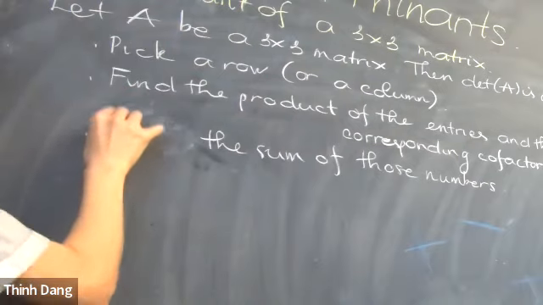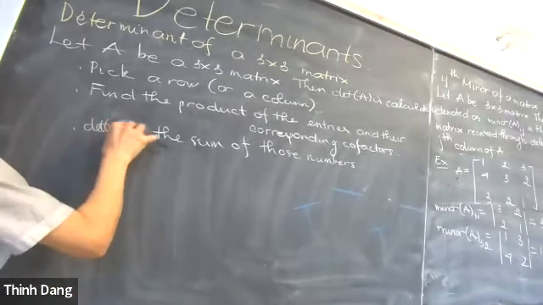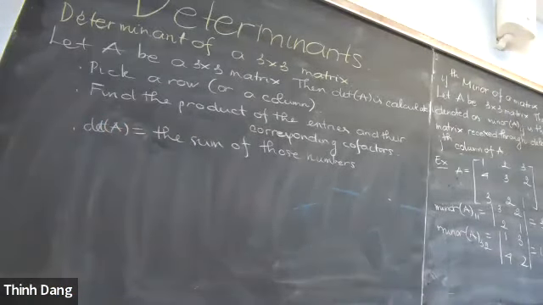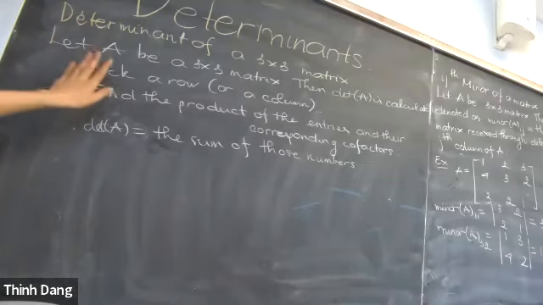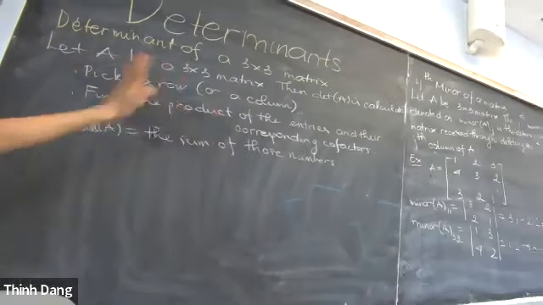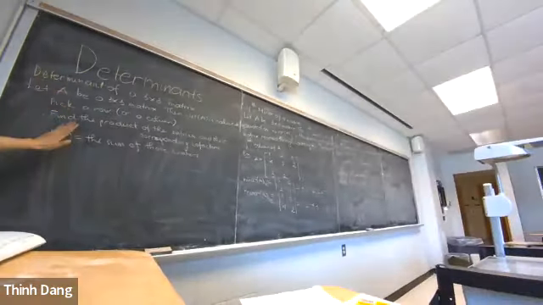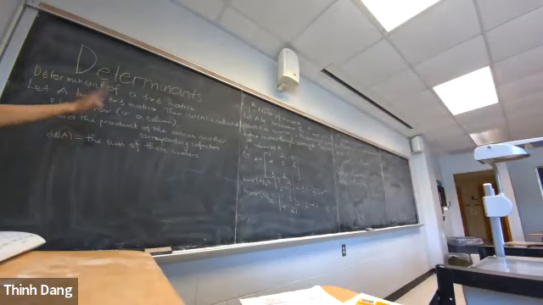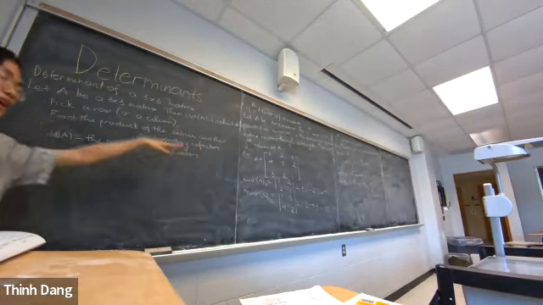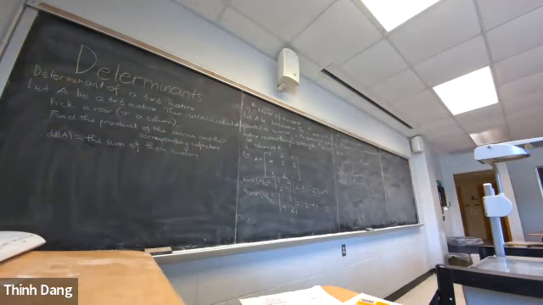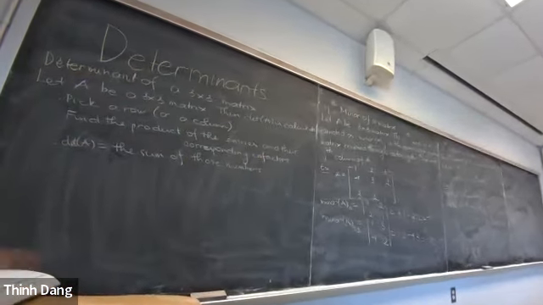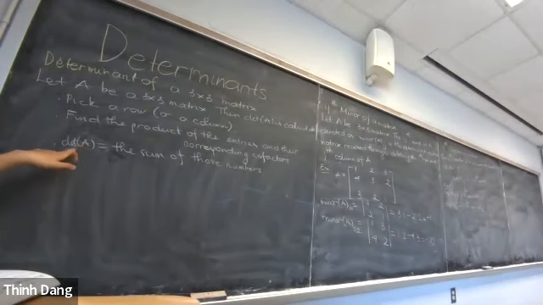The determinant of A is defined to be that sum. Let me remind you about the process. First, you need to pick a row or a column. Then you multiply each entry in that row or column with its respective corresponding cofactor. Finally, you take the sum of those numbers and you get the number which is defined as the determinant of A.